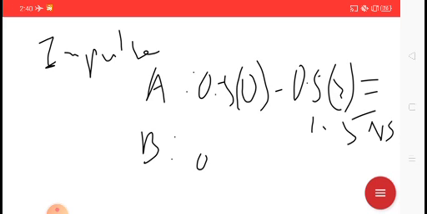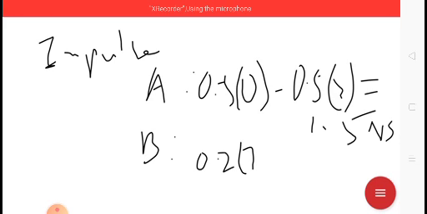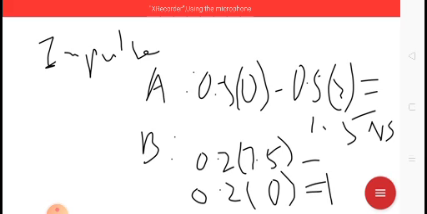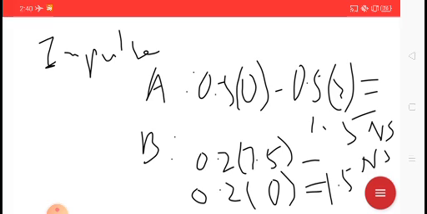Another one will be 0.2 times (7.5 minus 0), so 1.5 newton-seconds. Right, you can see that the impulses are opposite. So for part 3, 1.5 and 1.5. Both are 1.5, but one is negative. For A it is negative, for B it is positive.